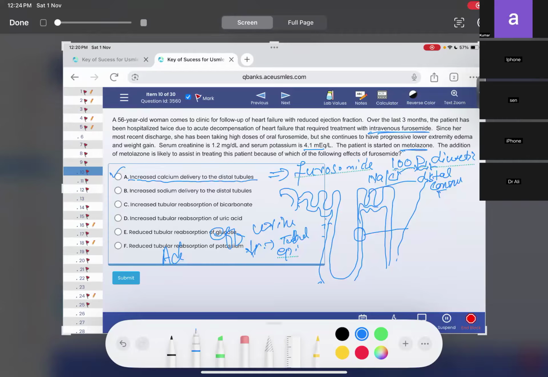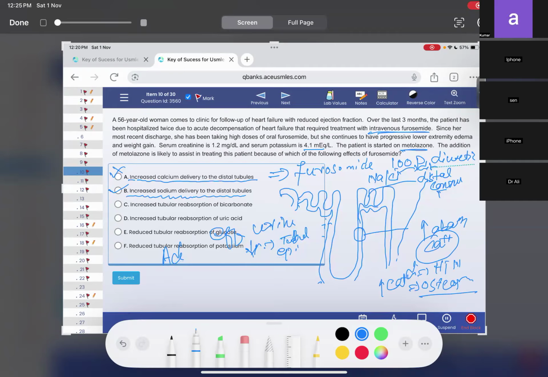Usually the thiazide diuretic will cause increased absorption of calcium, and it is a diuretic usually used to treat hypertension in osteoporotic individuals because it will increase the calcium absorption here. Option B is increased sodium delivery to the distal tubule. So it is the correct option here.